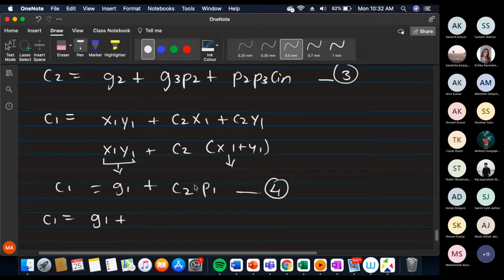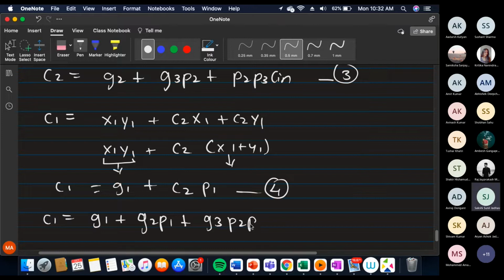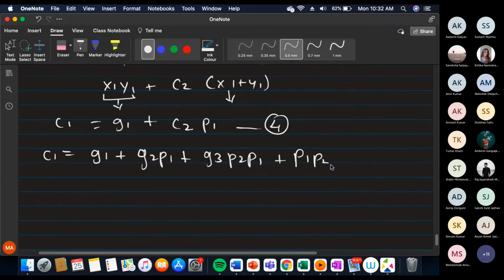So you get G2 P1, plus G3 P2 P1, plus P1 P2 P3 C in. Yes, sir. That is equation number 5.